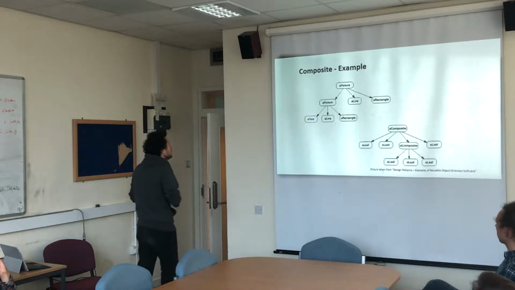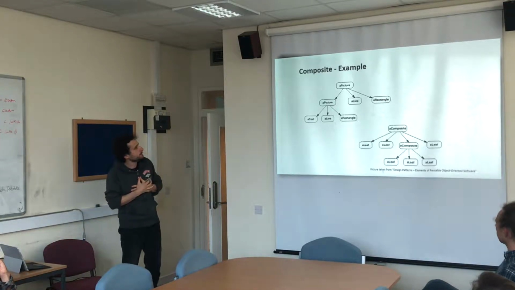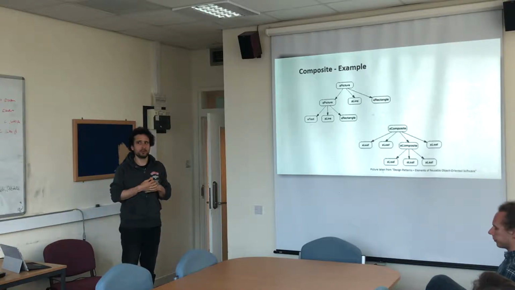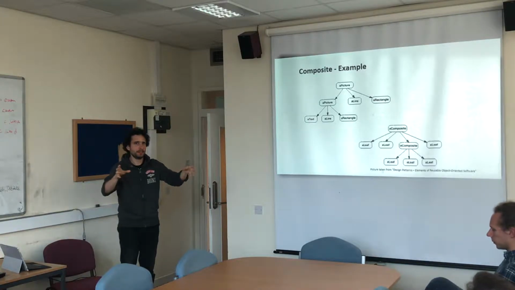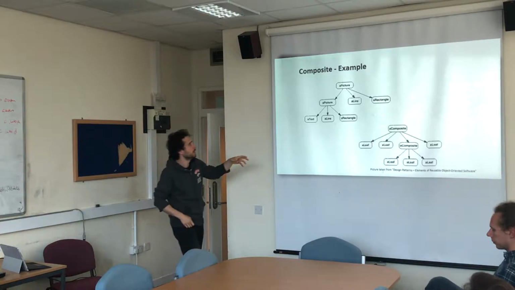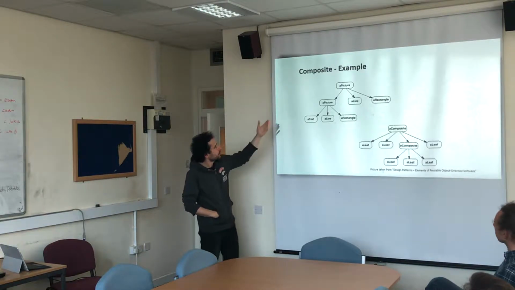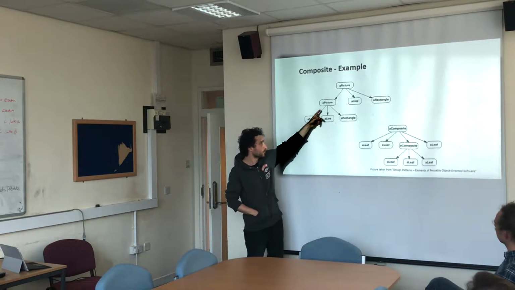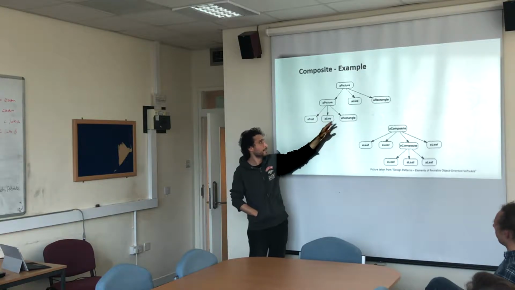I think that in general, a good example of this has to do with graphical elements or drawing. A picture here can contain a line or a rectangle, for example, but also another picture inside, which can contain text, lines, and so on.